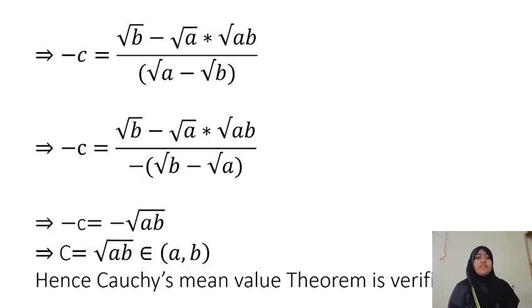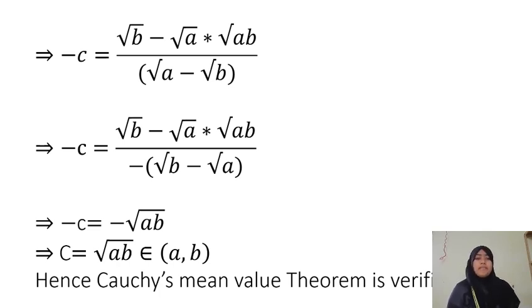Then, in the previous step the root c terms are cancelled, so we get minus c here. Here we do the reciprocal of the denominator function. Then it becomes root b minus root a into root ab by root a minus root b.